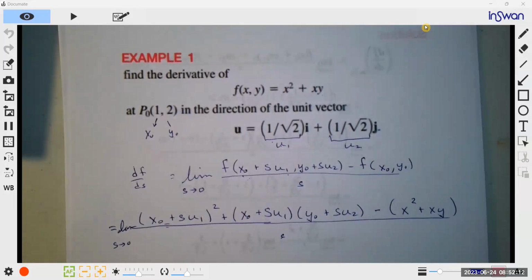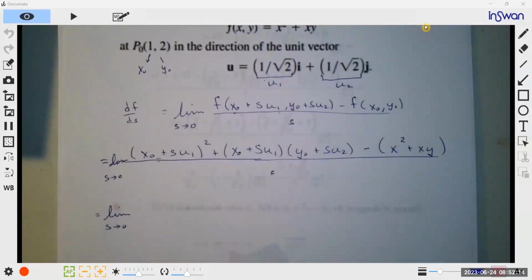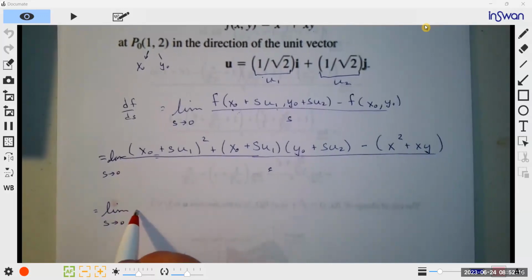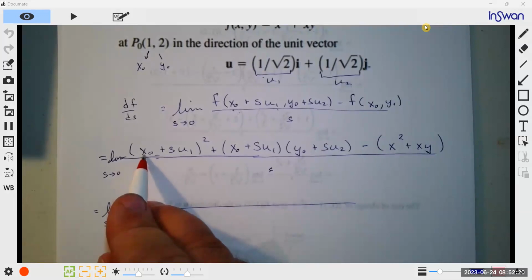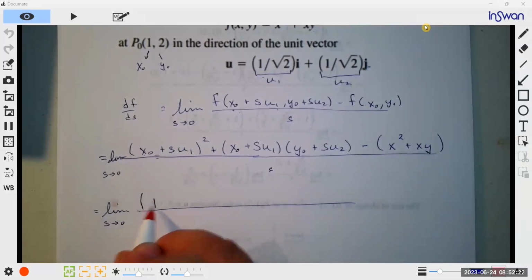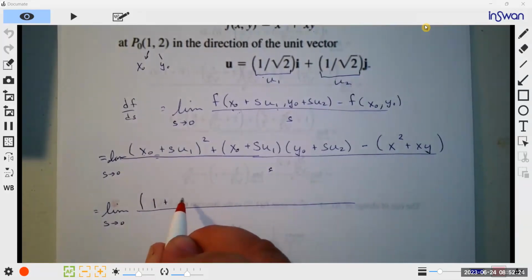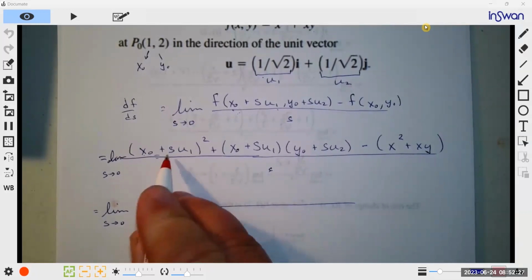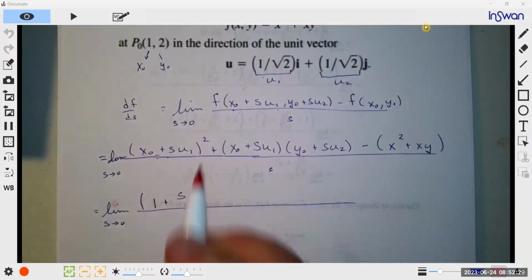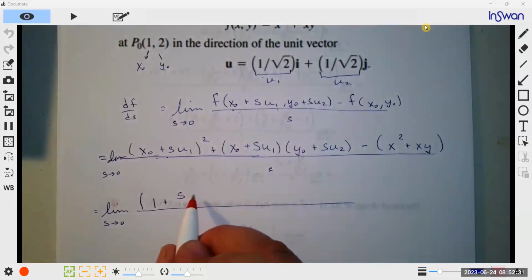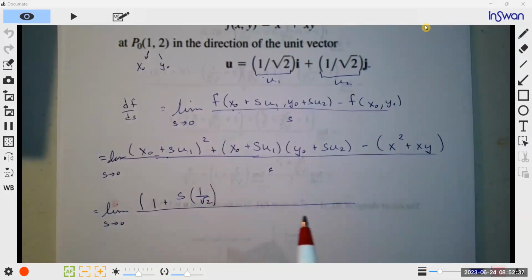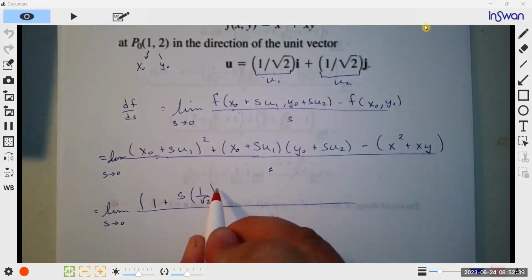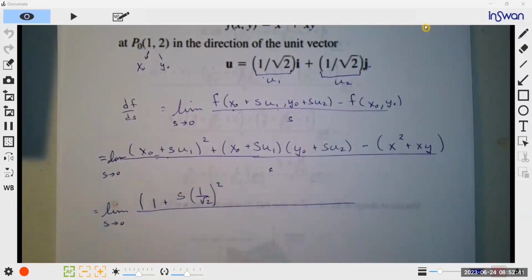The limit as s approaches 0, x sub 0 is 1 plus s times u sub 1, which is 1 over radical 2. That's the first one squared.